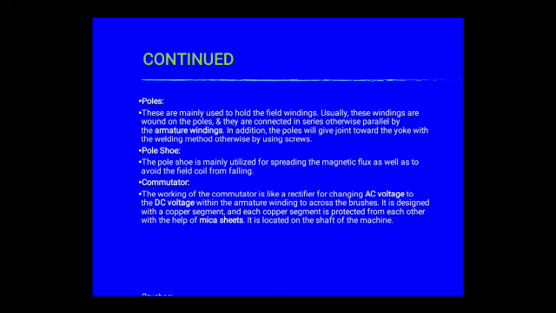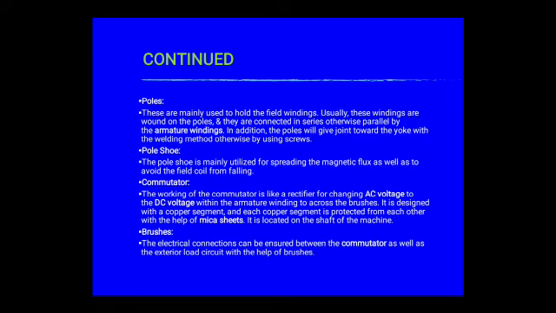Now, brushes. The electrical connection between the commutator and the external load circuit or the load resistance is ensured with the help of the brushes.